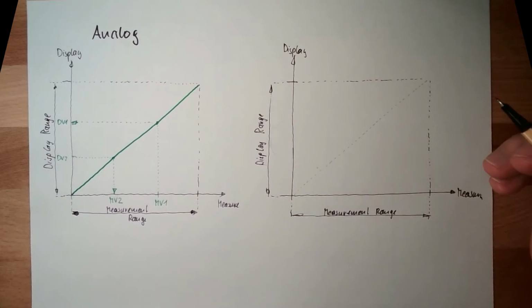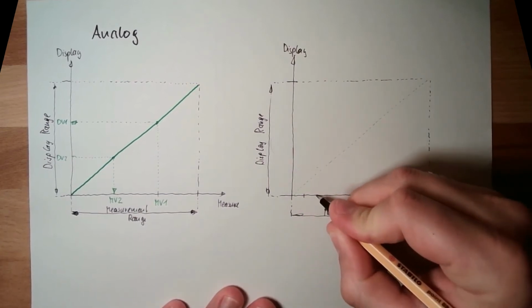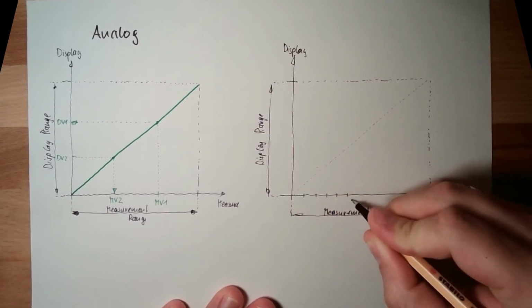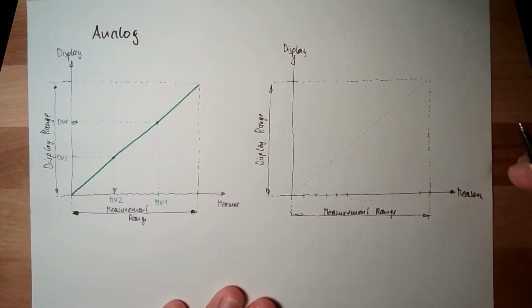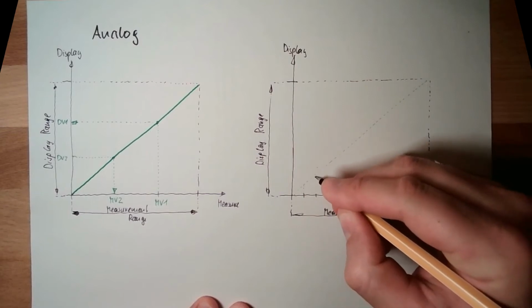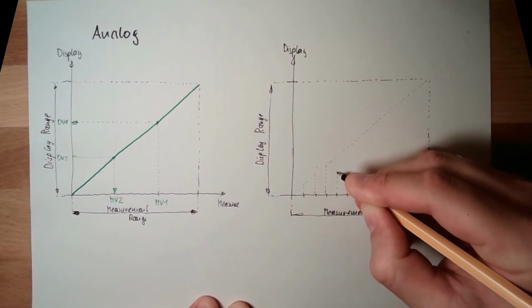However, in difference to the analog world, I now divide the measurement range into a number of sub-ranges. Okay. There is a number of sub-ranges here. I'll just draw some.